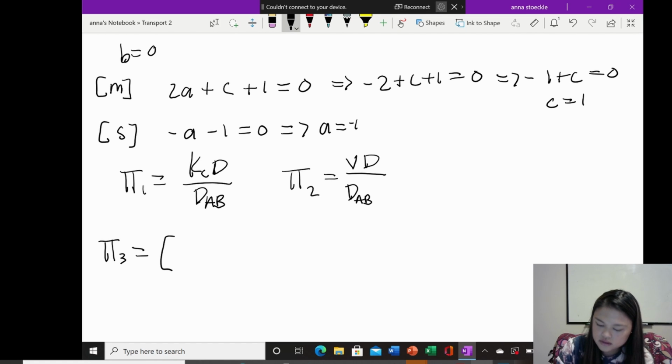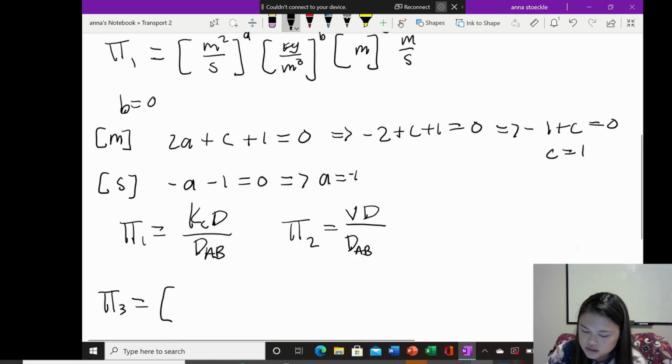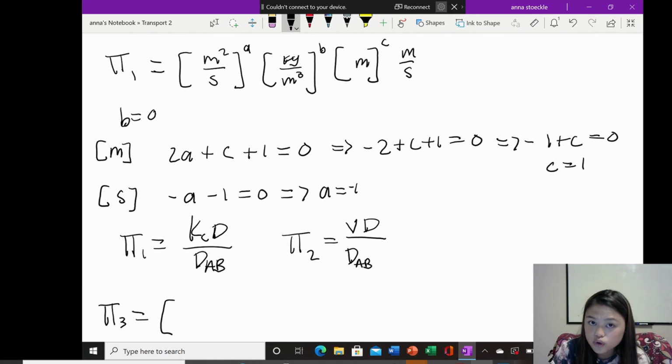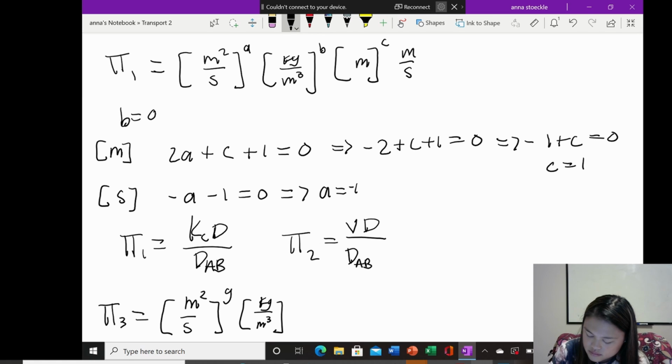So let's look at those units again. Same thing as before, just for those core groups, would be that the meters squared per second, kilograms per meters cubed for that density, and then meters for that characteristic length.